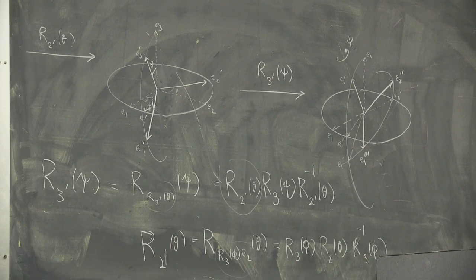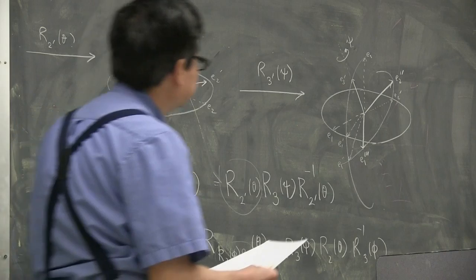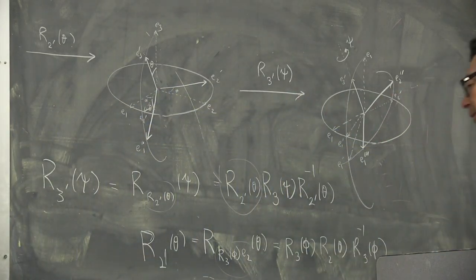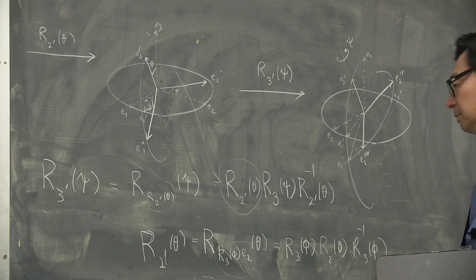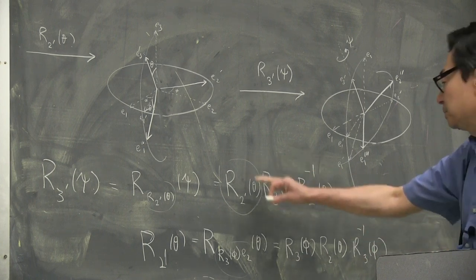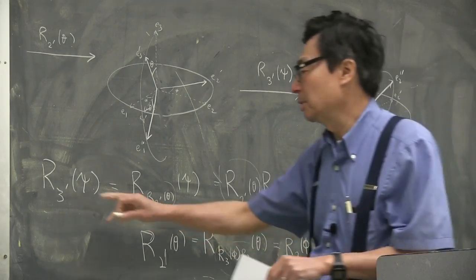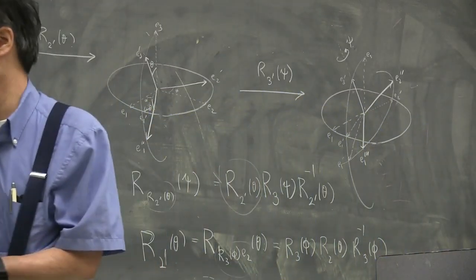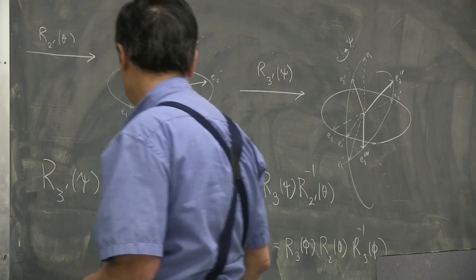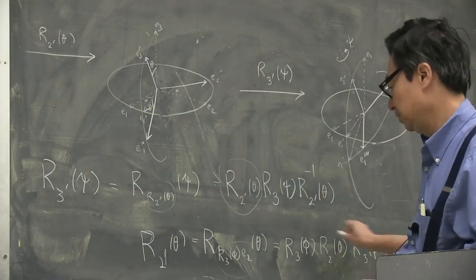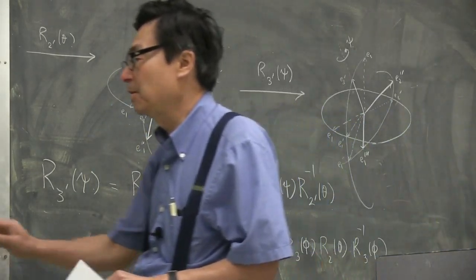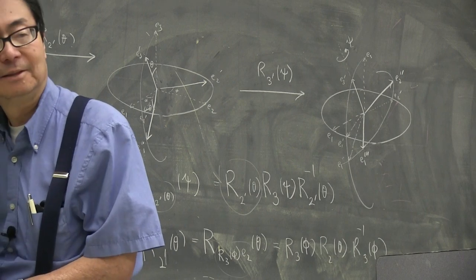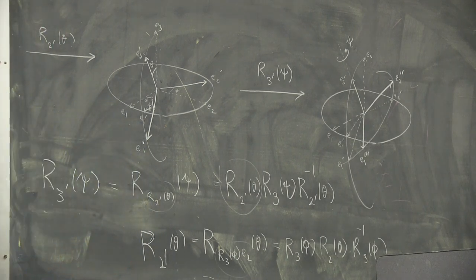Now, I'm just going to put things together. I am going to put this expression for R3 prime into here, and I'm going to put this expression for R2 prime in here and see what we get, okay?